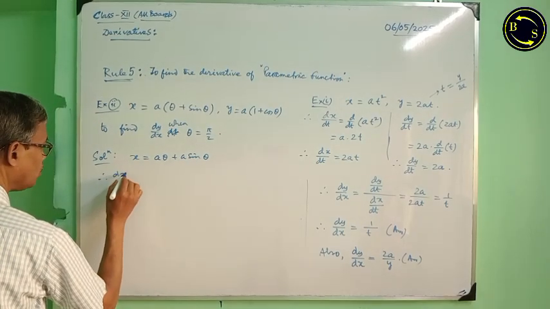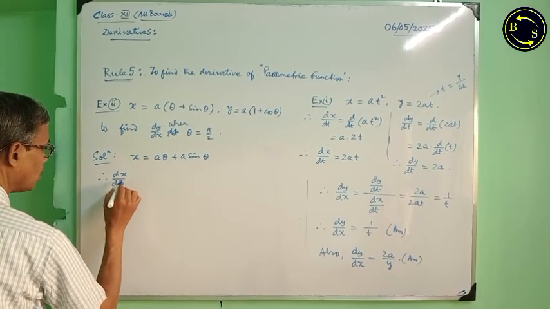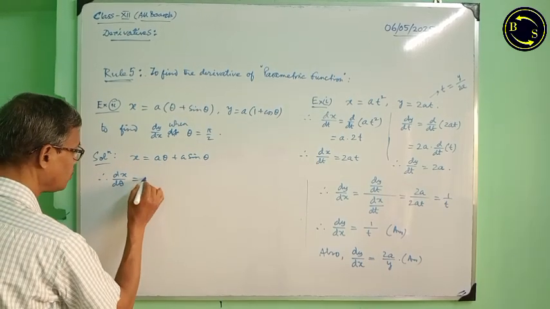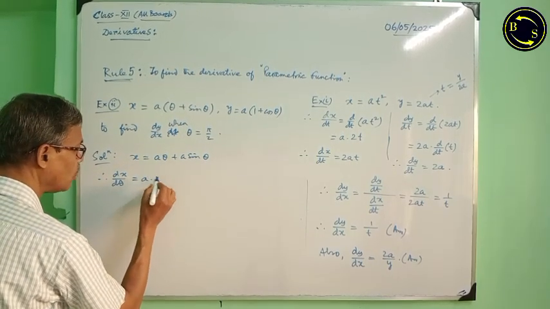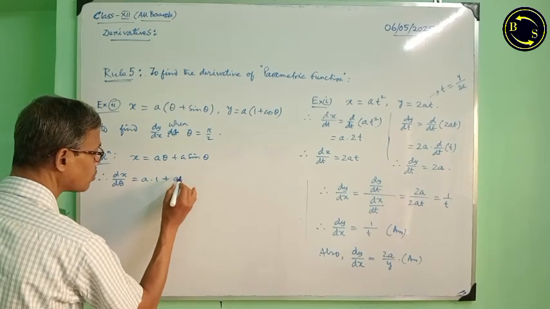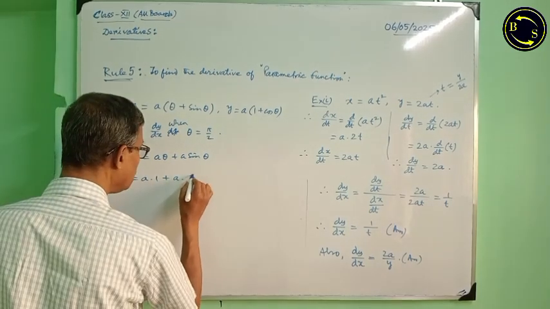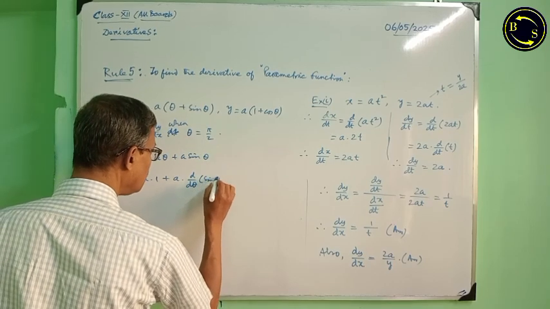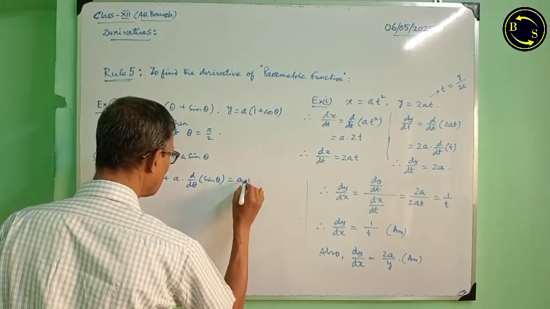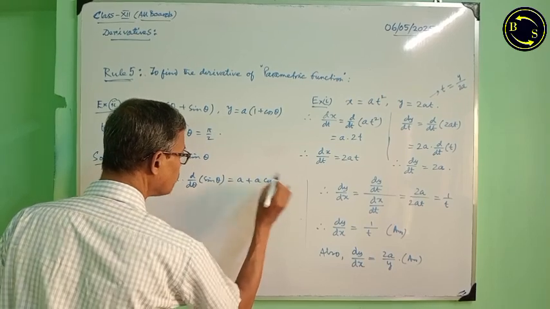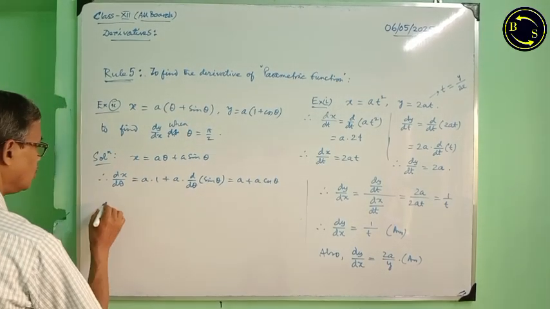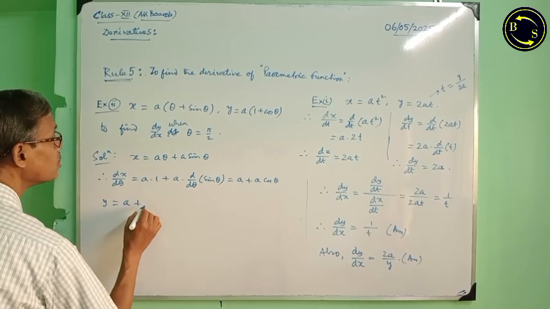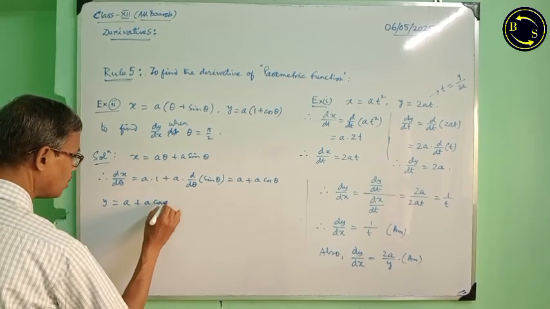Therefore dx/dθ is equal to d/dθ of a theta, that means a into derivative of theta, that is 1, plus constant a into d/dθ of sine theta, a plus a cos theta. y is equal to a plus a cos theta.